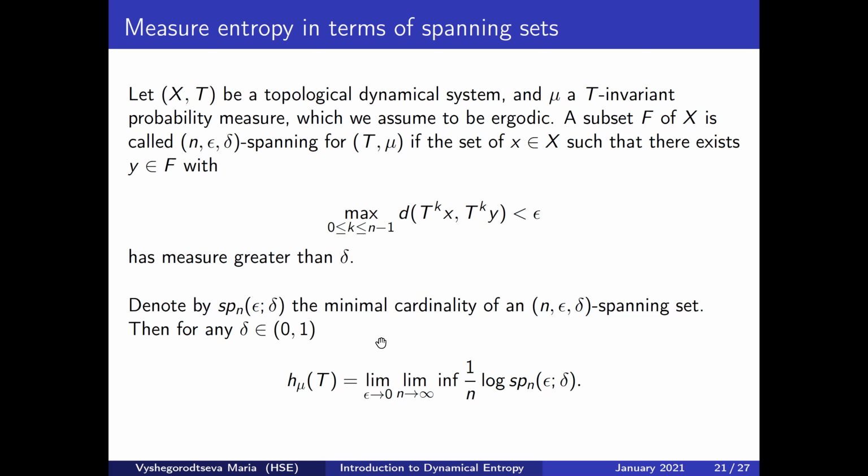So now we define an epsilon-delta spanning set for T and mu as the set of all x's such that there exists a y from a subset F with the following property.